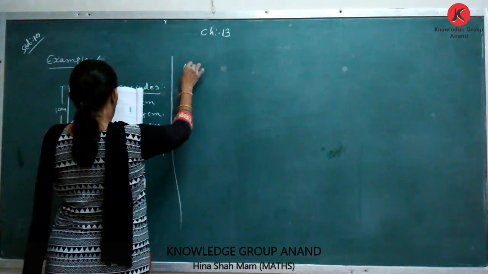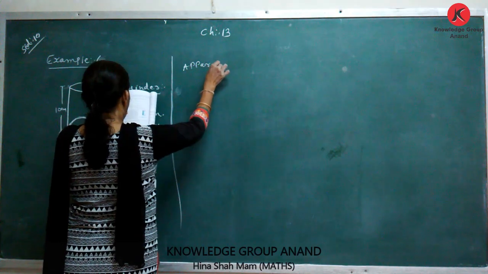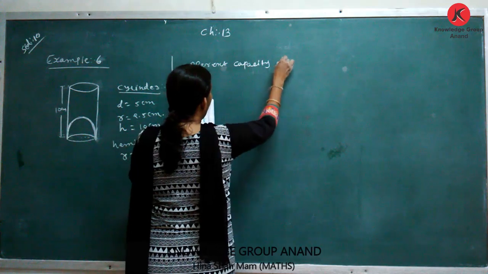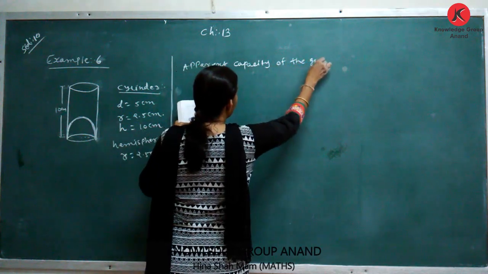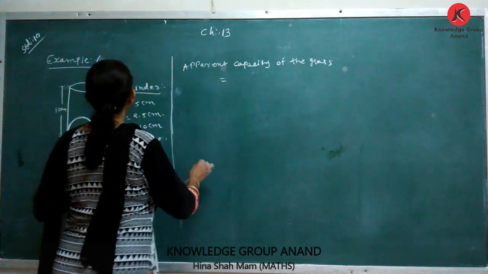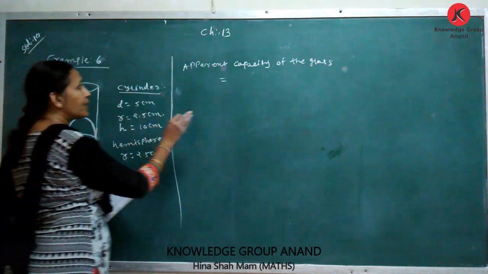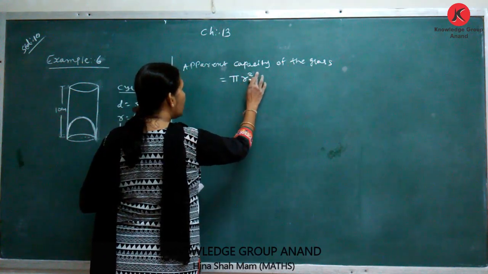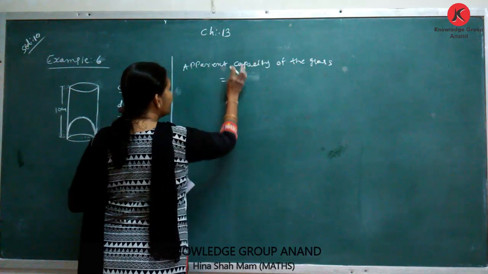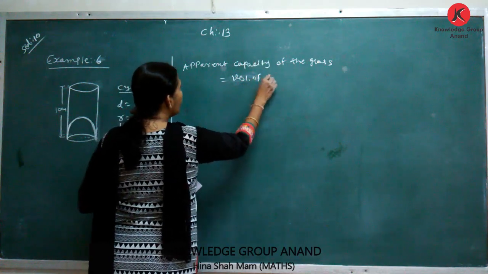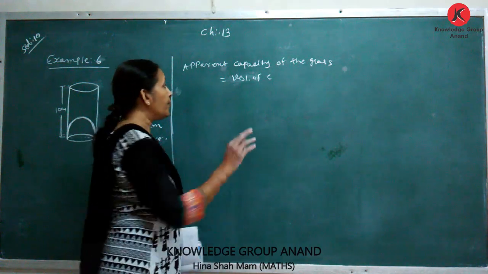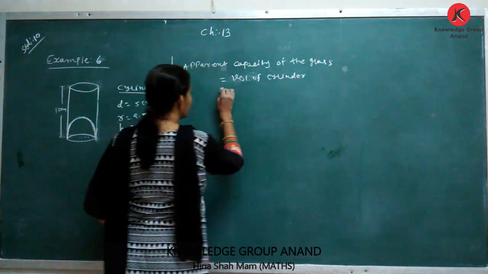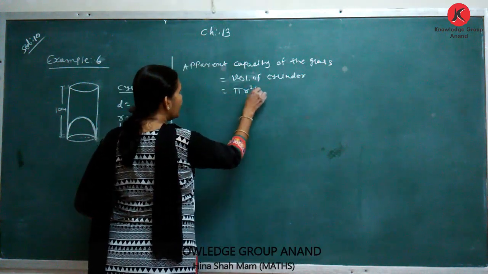Apparent capacity of the glass is equal to the total capacity of the glass, which is pi r square h, or volume of cylinder. First we write volume, that means capacity. Volume of the cylindrical glass is equal to pi r square h.